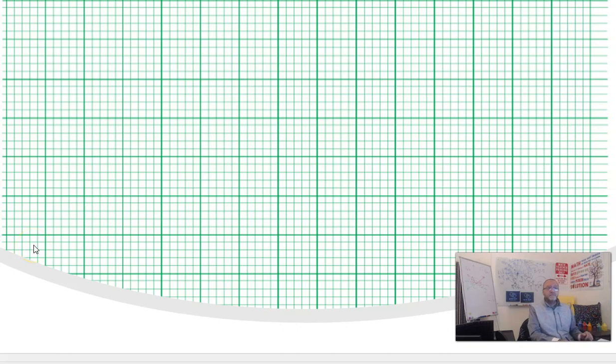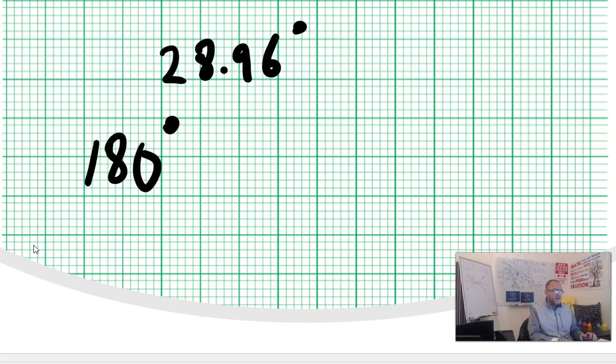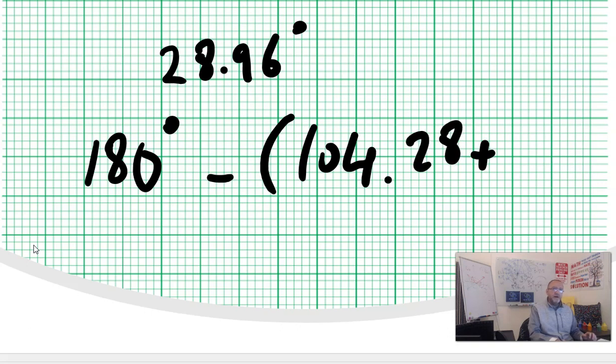Okay, so we already know the cosine of A. We did it. It's 28.96 degrees. Now all we need to do for C is 180 degrees minus the largest angle B, 104.28, plus 28.96.